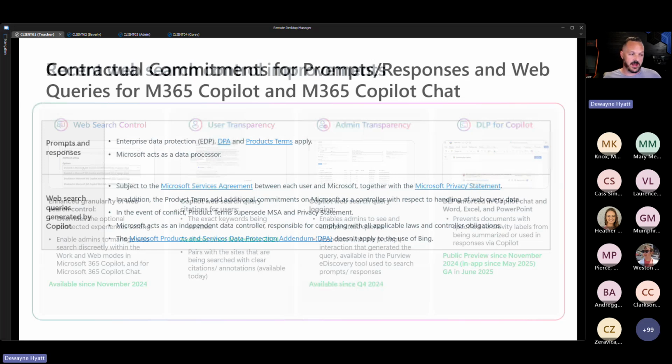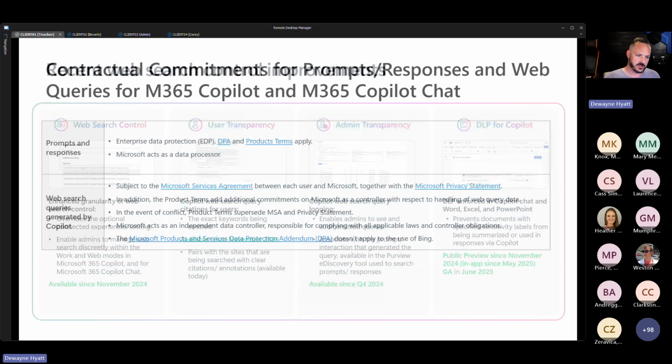Like I said, we have the search query highlighted directly inside of the UI, so you can see what words were sent to Bing. Remember how enterprise data protection works. Anything that your users are doing with Copilot is internal to your tenant and is in the audit log. It is retainable. It is e-discoverable. You will see it. You have access and reports to that information, including the web search queries that were generated.